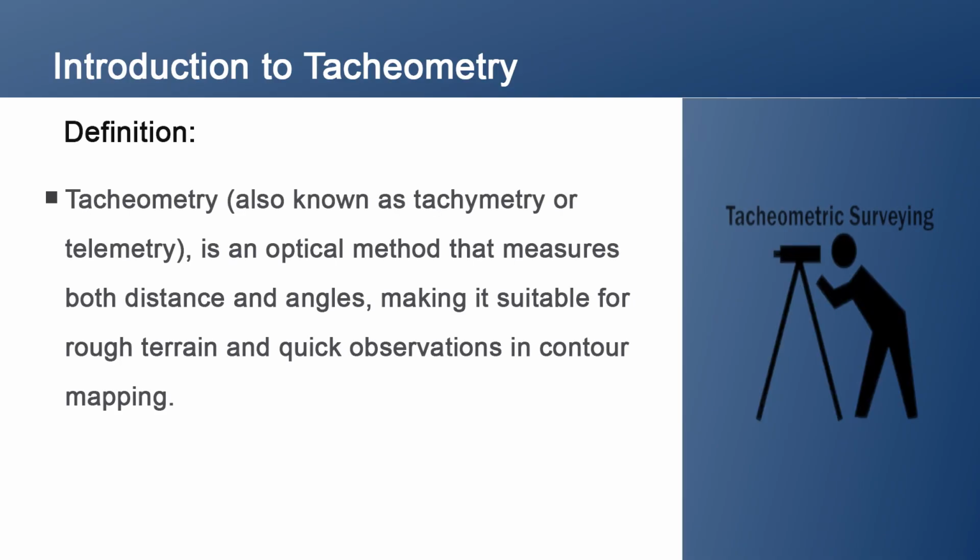This limitation can be a significant drawback in areas with challenging landscapes. So, to address this limitation, we often turn to tacheometry. Unlike chaining, tacheometry, which is also known as tachymetry or telemetry, is an optical method that measures both distance and angles. This makes it particularly suitable for rough terrain and quick observations.